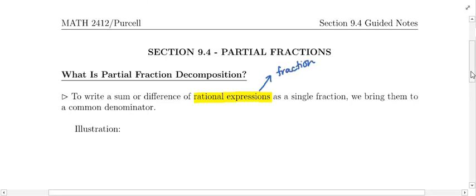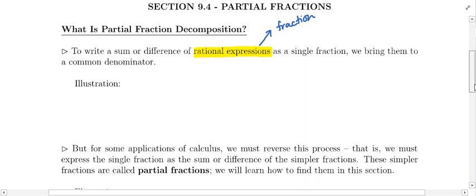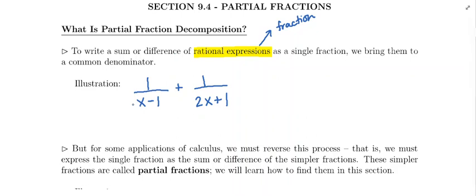What we've been used to in our math past is that when we add or subtract two fractions, we have to get a common denominator. Let me give you an example. If I had 1 over x minus 1 plus 1 over 2x plus 1, both of these terms are rational expressions.